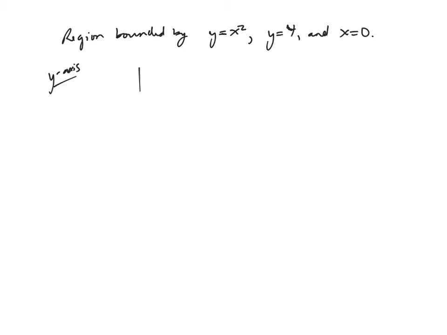So if I'm revolving it around the y-axis, let's take a look at what this curve is. Y equals x squared. Basically, it looks like that. Y equals 4. So we have this point 2 comma 4, which I'm going to identify as the intersection point, and then x equals 0. And that's kind of like the inside of my previous problem.